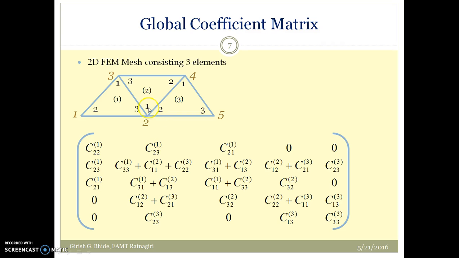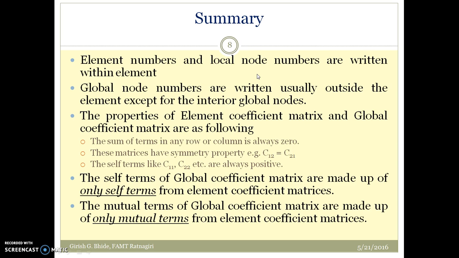As you observe over here, the link is from local node number 1 to local node number 2 of element number 2. Therefore this term is there, C12 of 2, and another term that contributes is C21 of 3. So in this way we can find out all the 25 terms from the global coefficient matrix.